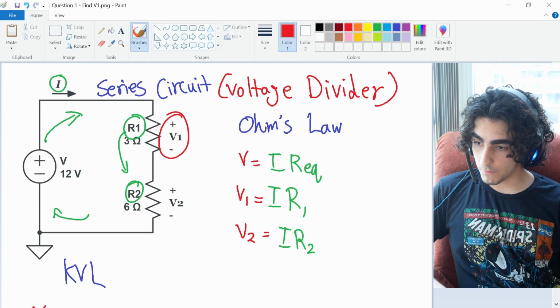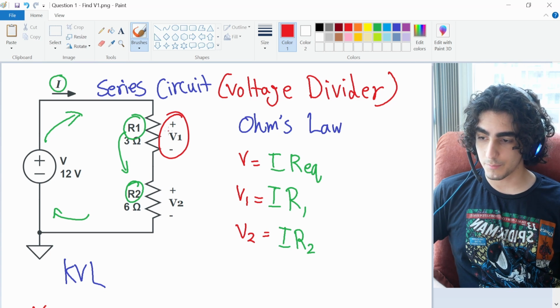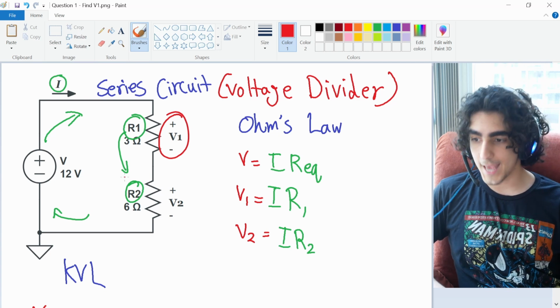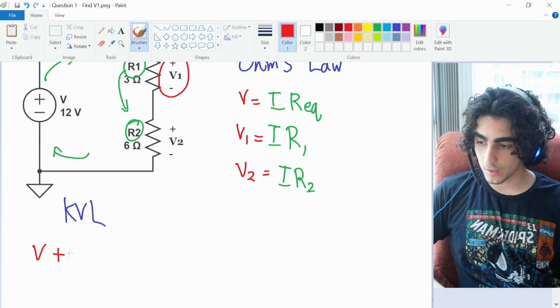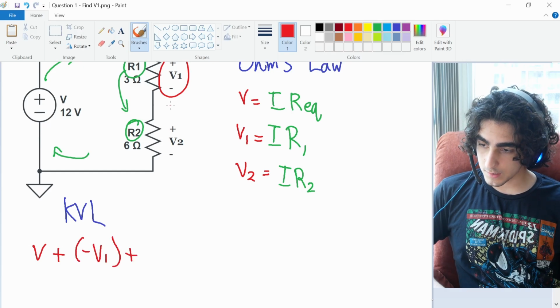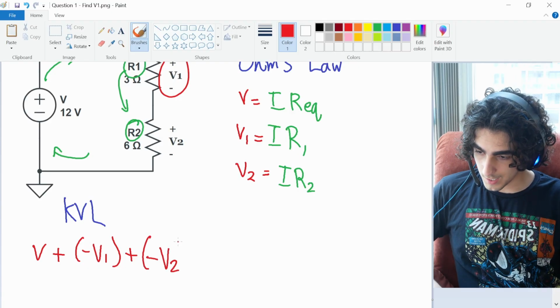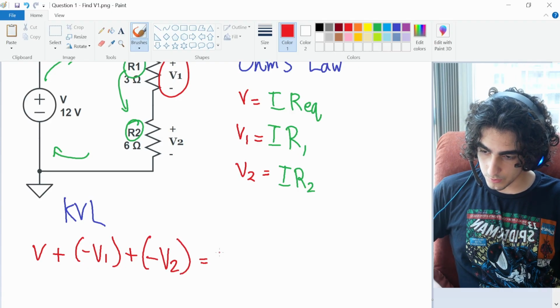But remember, the voltage is going to be dropped because it is being divided as it goes through each resistor. So this is technically a negative V1. So it'll be V plus negative V1, and then plus, same thing with V2, negative V2. And these have to equal 0.